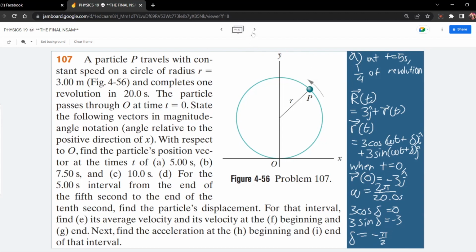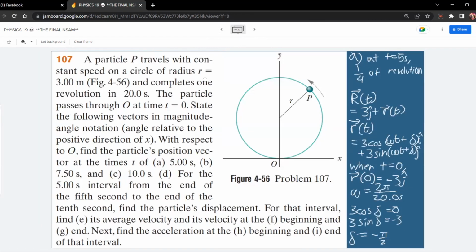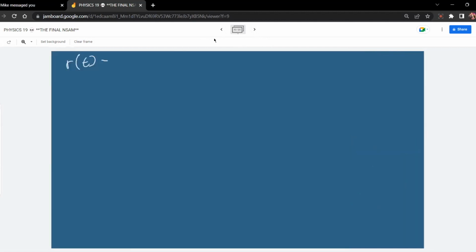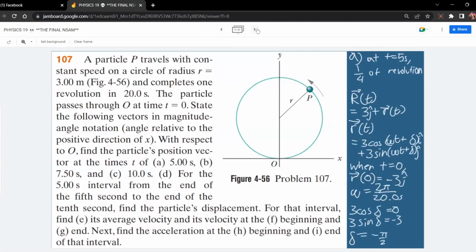I think copy everything and move it to the next page. Kasi it doesn't fit eh. So pi over 10, no? So omega is pi over 10.0 seconds.